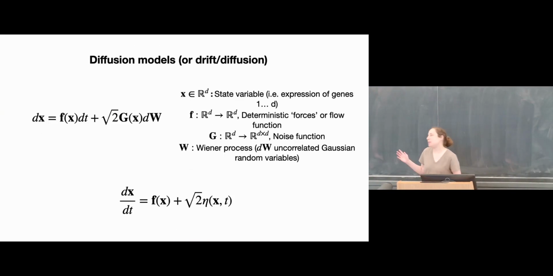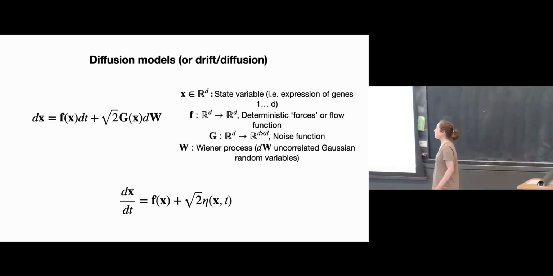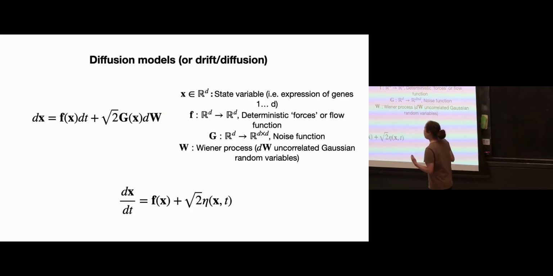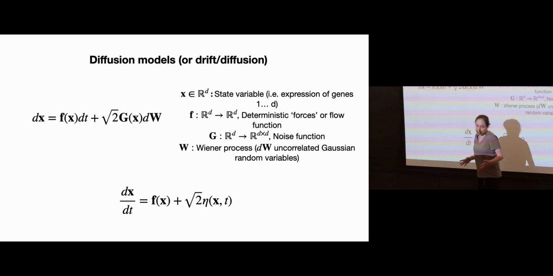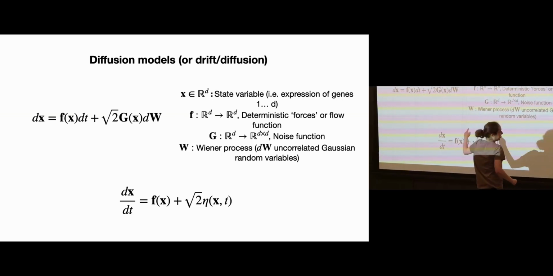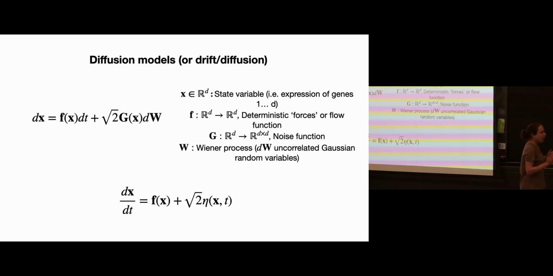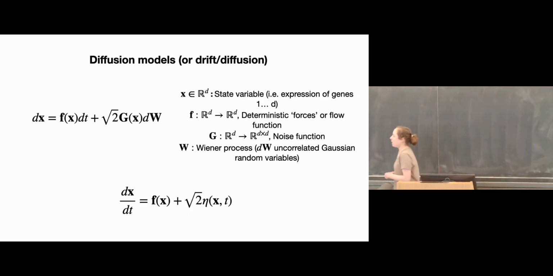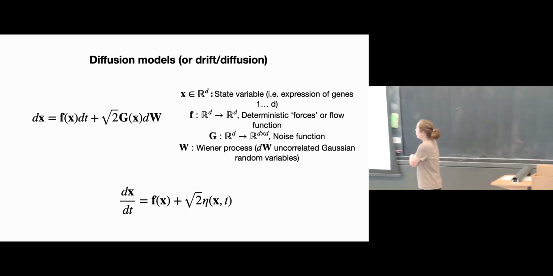So this is one example of a very general class of models, which in the physics literature are usually called diffusion models, and some people say drift-diffusion, because some people think of just this part as the diffusion term, and the deterministic one as the drift term. So what's going on here?